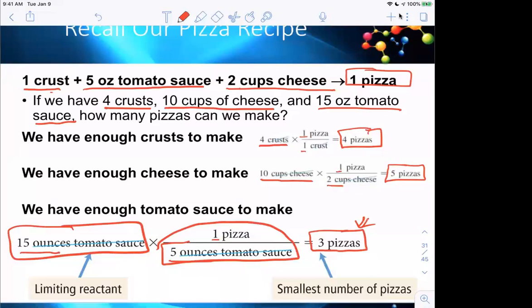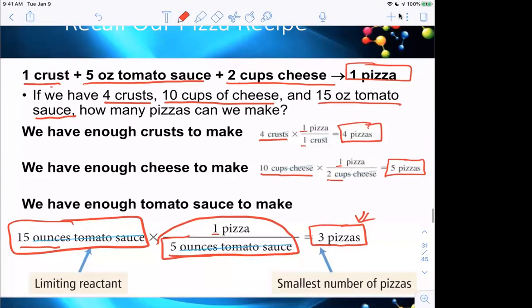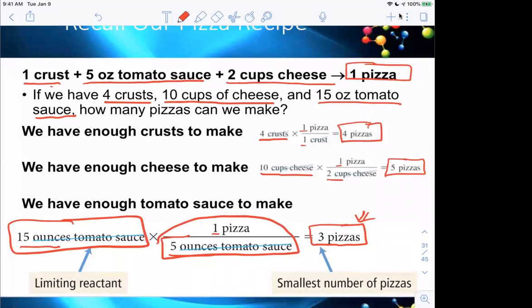So I have excess crust and I have excess cheese, but I only have enough sauce to make 3 pizzas. That means the sauce limits the amount of pizzas that we can make. It's called the limiting reactant or the limiting reagent.